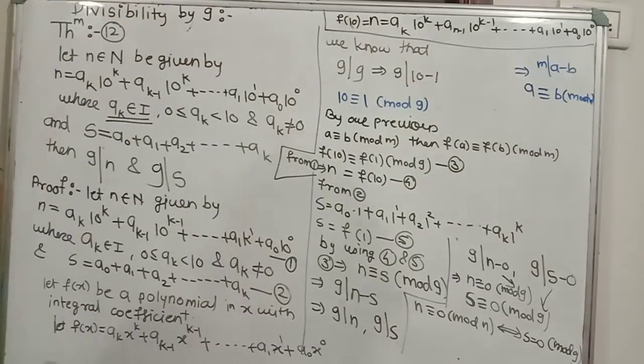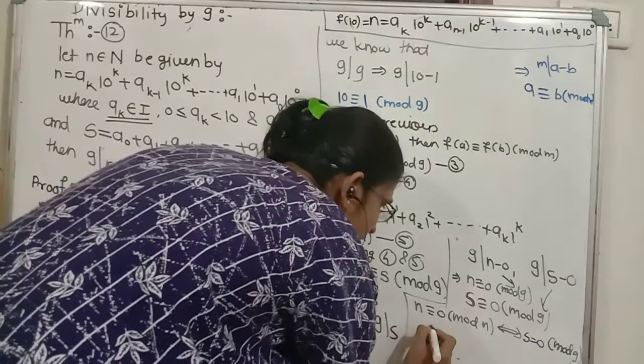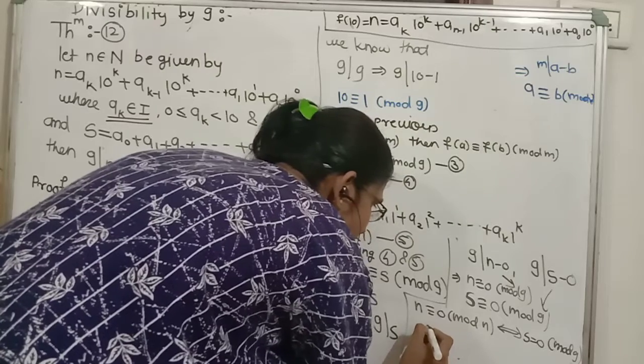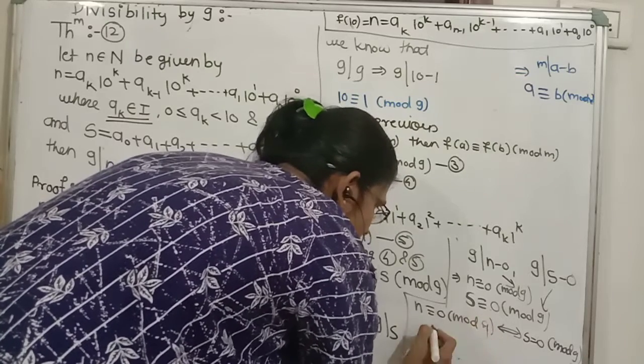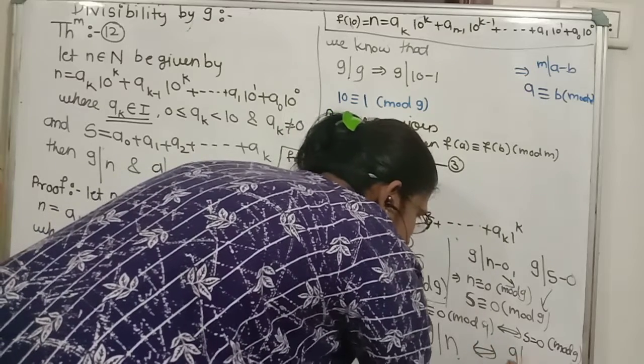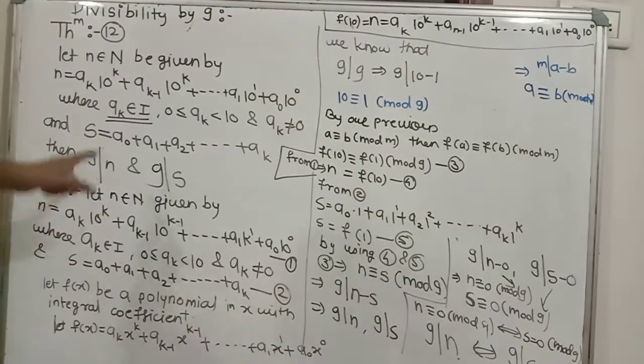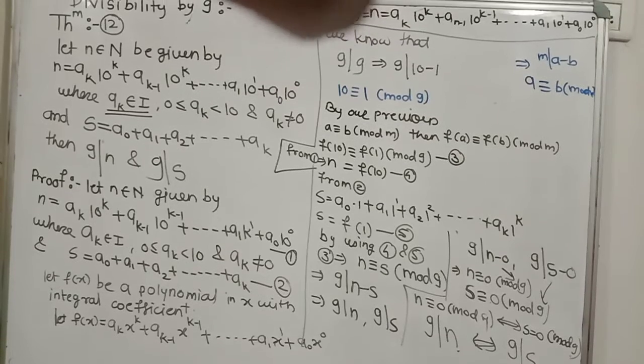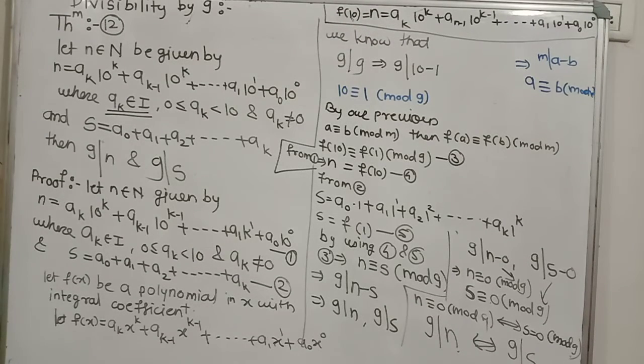Okay, so we get n is congruent to 0 with mod 9 if and only if s is congruent to 0 with mod 9. That implies 9 divides n if and only if 9 divides s. So we get our proof of this theorem: 9 divides n if and only if 9 divides s.